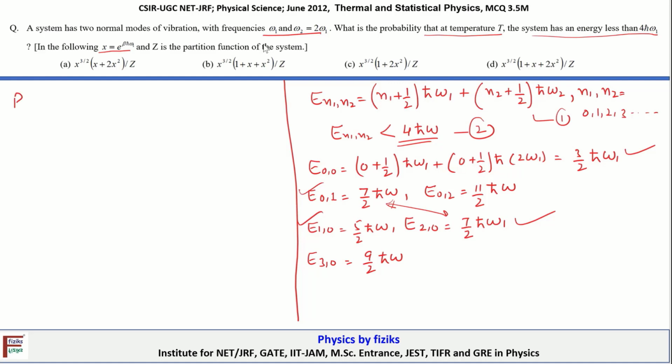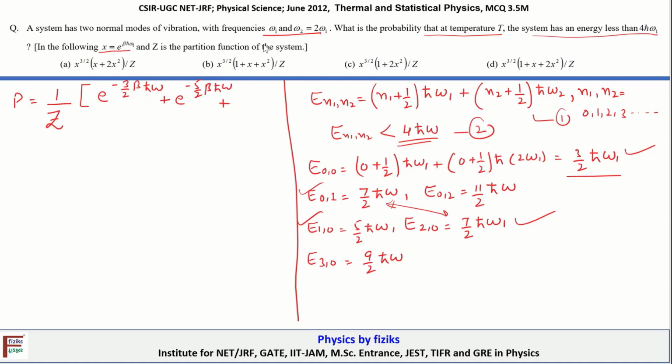The relevant probability such that the energy of the system is smaller than 4 ħω is given by 1 upon the partition function Z, times the respective values: exponential minus 3/2 βħω, plus exponential minus 5/2 βħω.